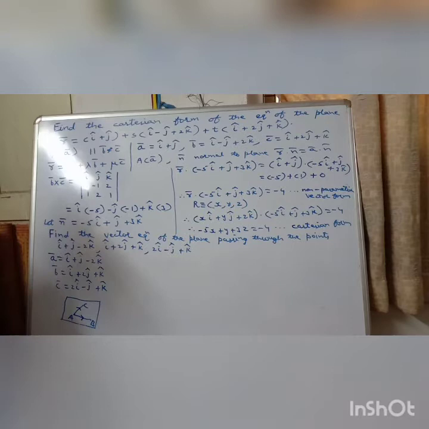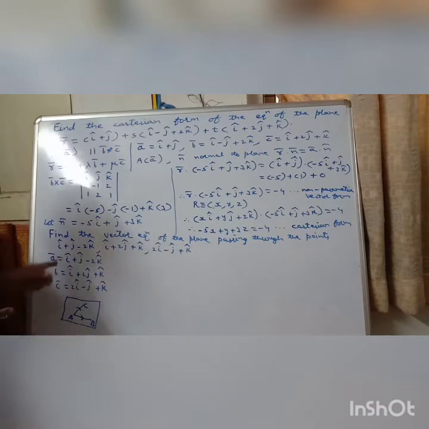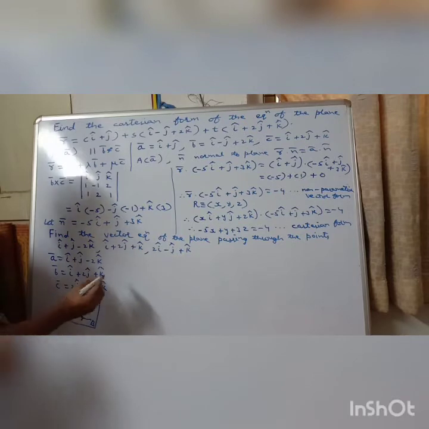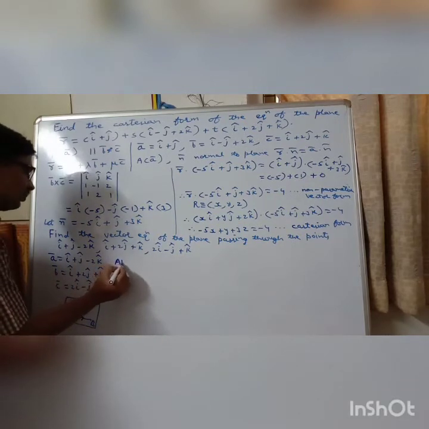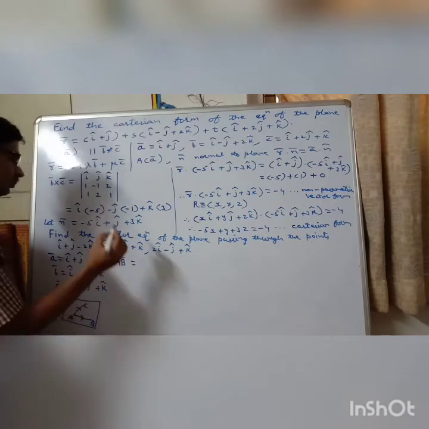These are vectors in space, and a vector in space can be expressed as position vector of terminal point minus position vector of initial point. So from position vectors we can find AB bar and AC bar. It is a vector directed from point A towards point B. Here A is the initial point, B is the terminal point.